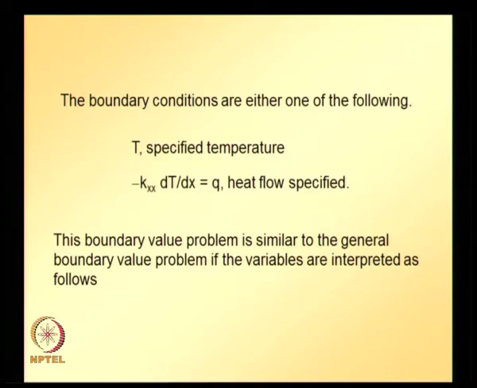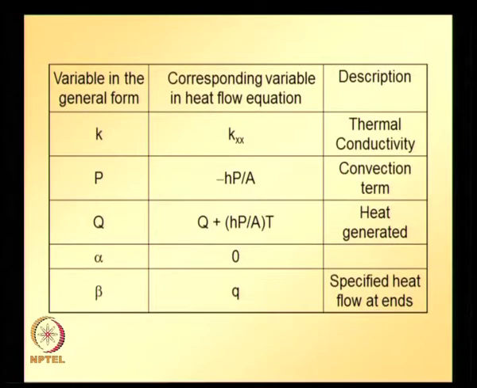So this boundary value problem is similar to the general boundary value problem if the variables are interpreted as shown in the table here. Once we identify the corresponding quantities, we can make substitution into the element equations that we have for the general one dimensional boundary value problem.